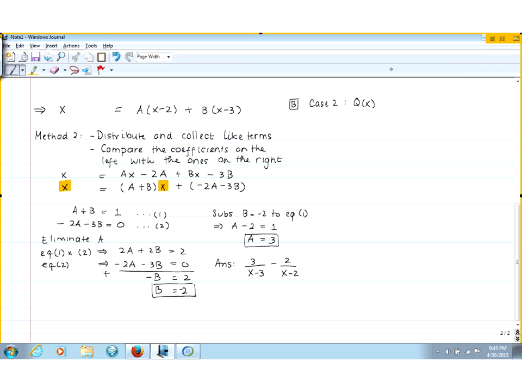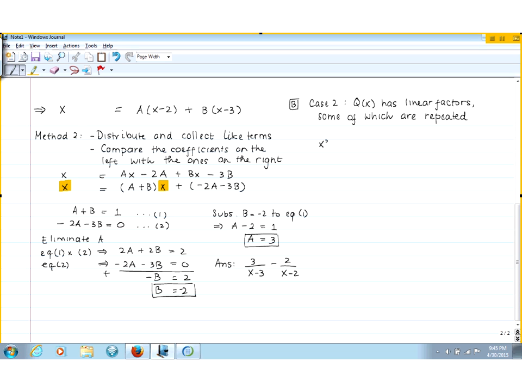Case 2. Now Q of x, the denominator, has linear factors, some of which are repeated.